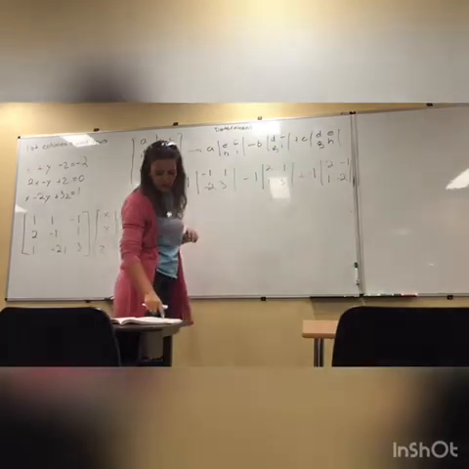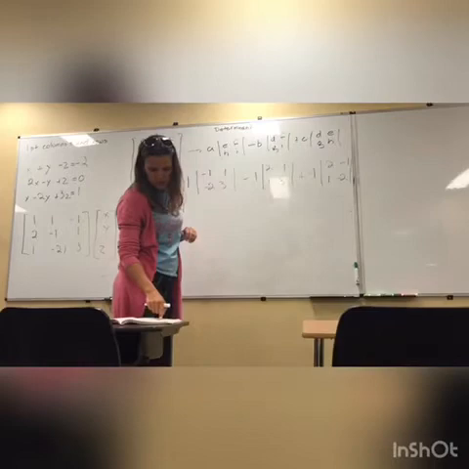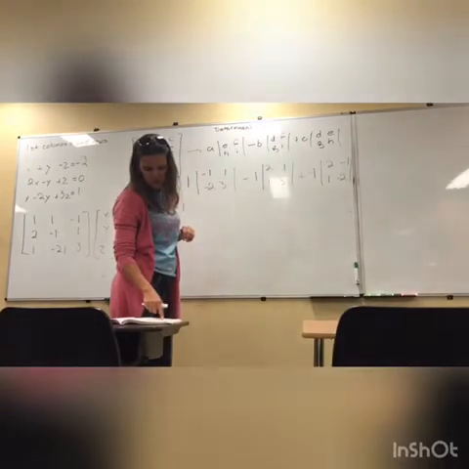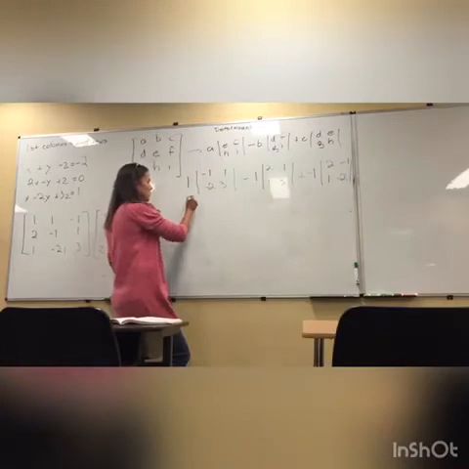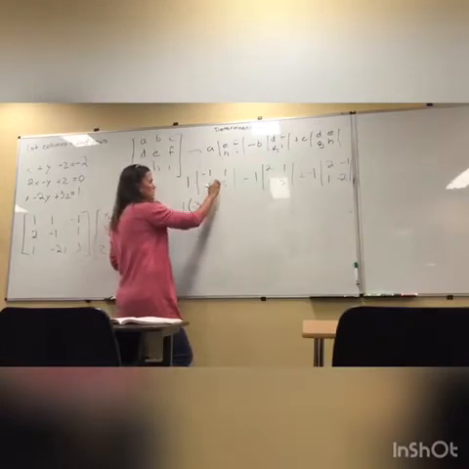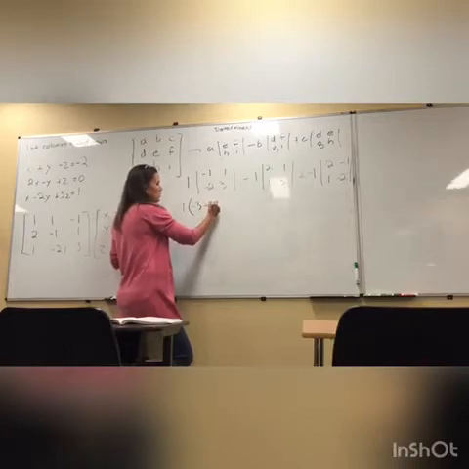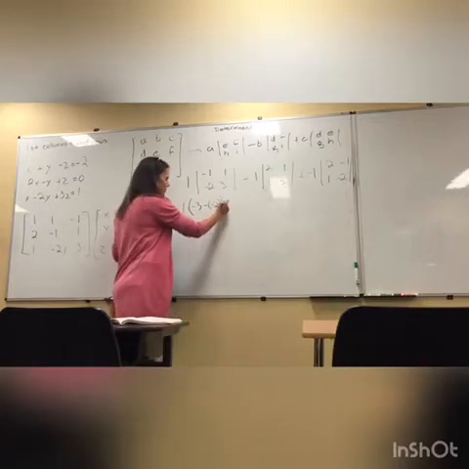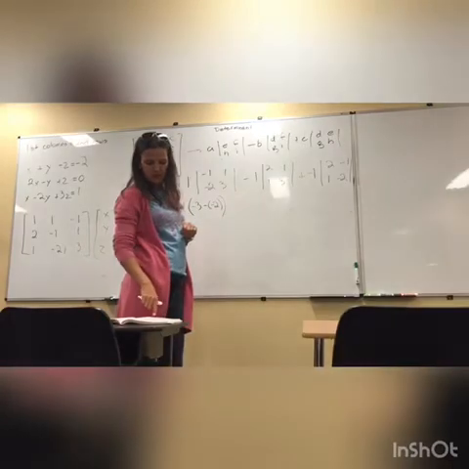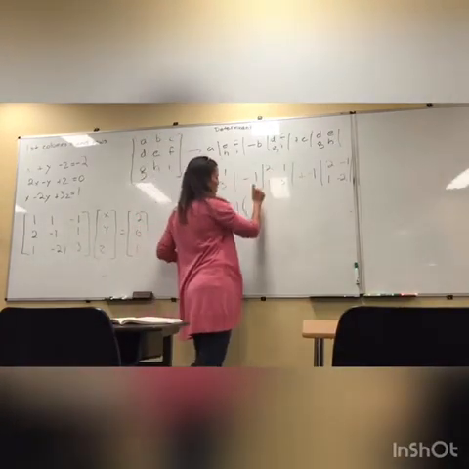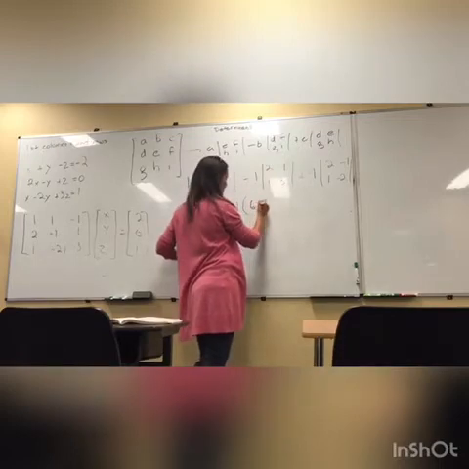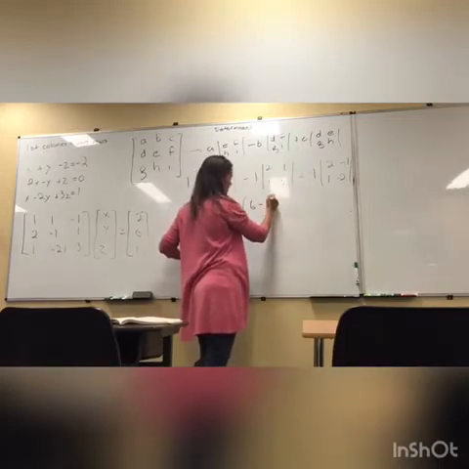So we do 1 times, hold on. Yep. What's 1 times negative? -1 times 3 is -3 minus -2 times 1, which is -2. Okay? Now, we have the second one, which is -1 times 2 times 3, which is 6, minus 1 times 1, which is 1.